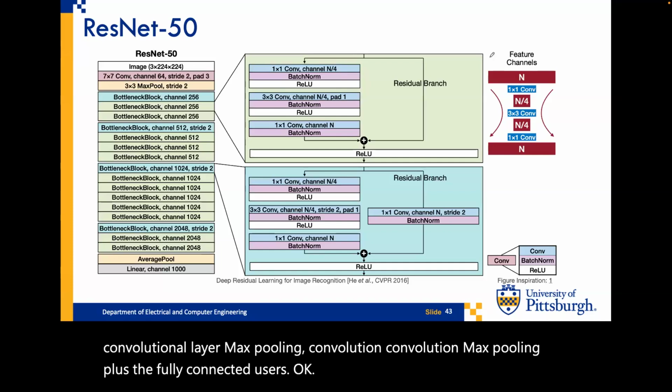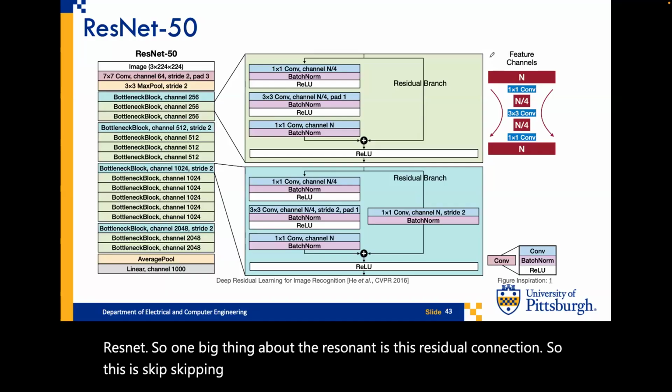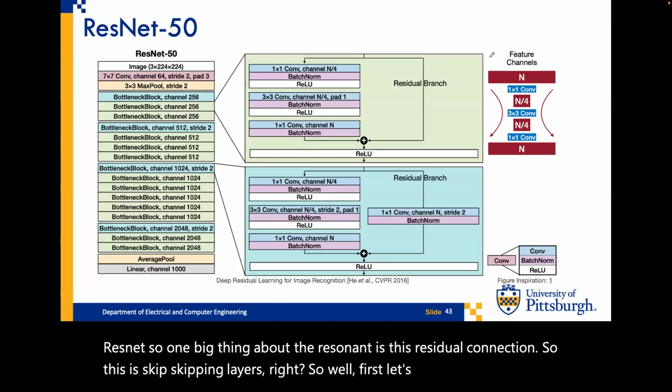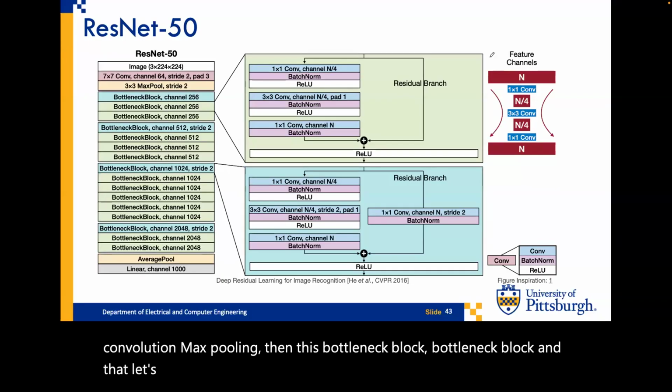ResNet. One big thing about ResNet is this residual connection, which is skipping layers, right? First, let's look at this. It has this convolution, max pooling, then this bottleneck block. Let's zoom into the bottleneck block, the green block and the blue block.